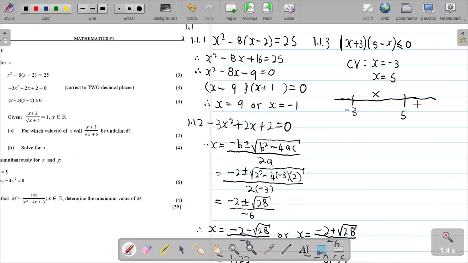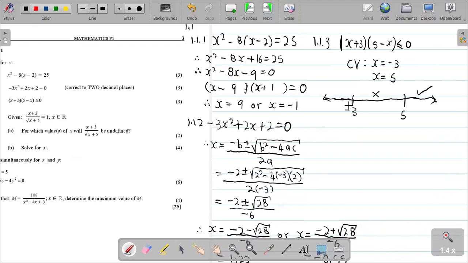Let's take 6, for example. If we put 6 here, we get a -1. So it's going to be 6 plus 3 is 9. And then 9 multiplied by -1 from this side is going to be -9. -9 is less than 0. So this part is correct. It gives a true statement.